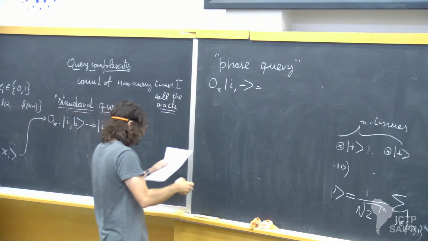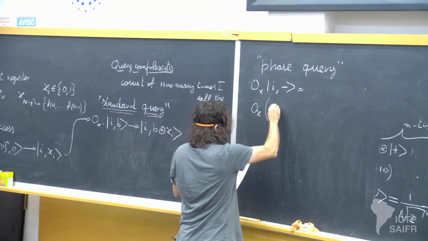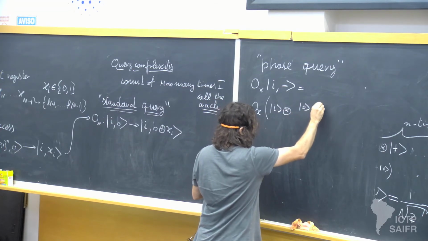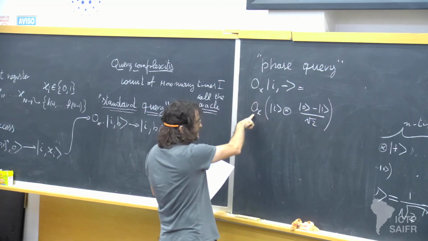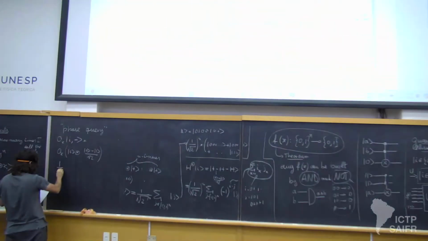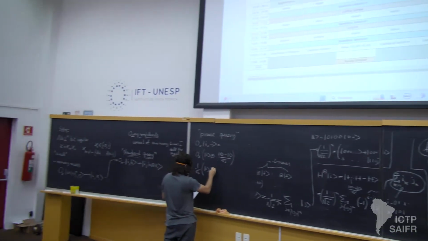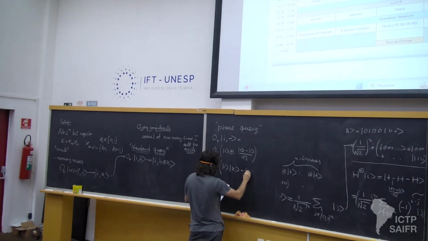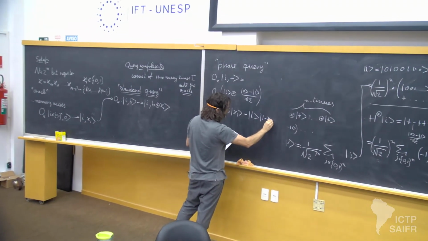Well, simply, we get OX acting on |i> tensor (|0> minus |1>) over square root of 2. Now we act with OX, so this becomes 1 over square root of 2 |i>|xi> minus |i>|1 minus xi>.